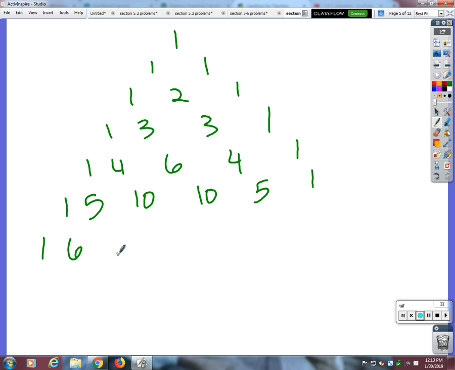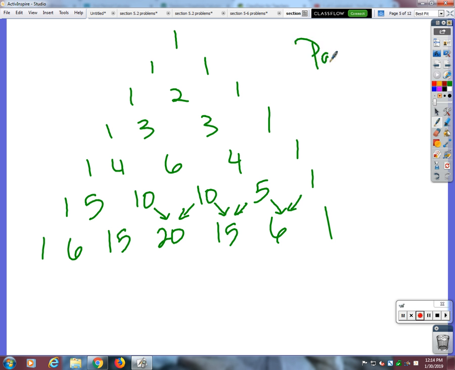And then a 6, and then what? 15, 20, 15, 6, and 1. Okay, how are we doing this? Good. You add the 2 that are above that number to get the 1 there, okay? So 10 and 10 makes 20, 5 and 1 makes 6, and so forth, okay?